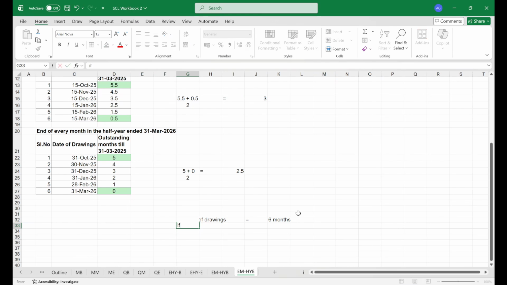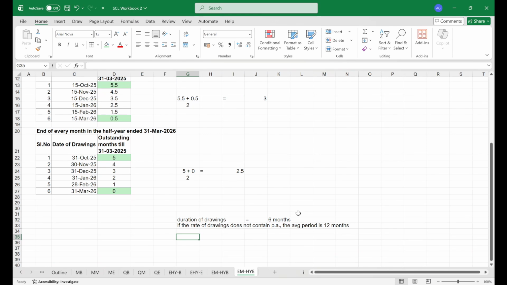And if the rate of interest on drawings does not contain per annum after the percentage, then the average period is 12 months, or there is no average period. So you have to compute flat percentage against the total drawings.